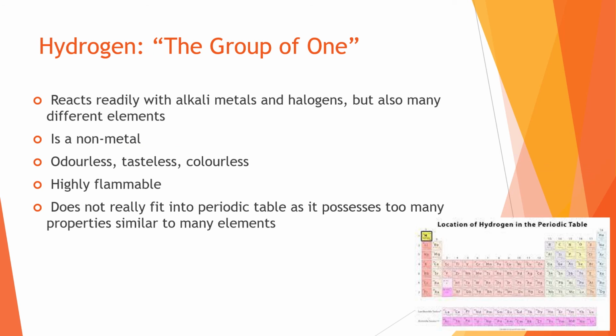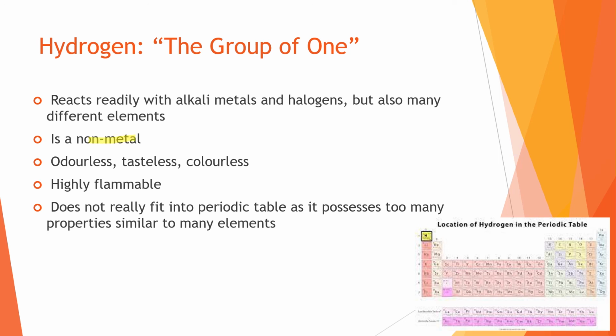Lastly, here we have hydrogen, the group of one. So that's our hydrogen over here all on its own. Hydrogen reacts readily with alkali metals and halogens, but also many different elements. So hydrogen just tends to react more with our alkali metals in group 1 and our halogens in group 17. Hydrogen is a non-metal.